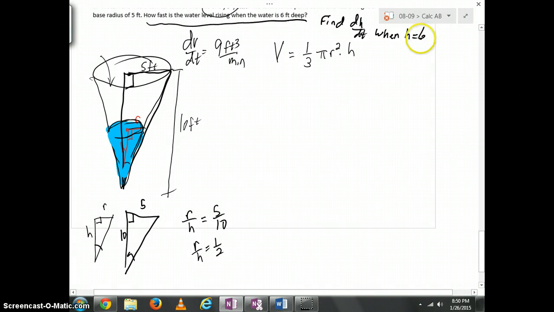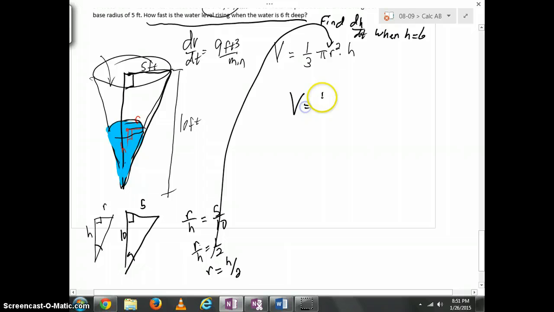In other words, I need to work with an h and find a dh/dt. I would ultimately like to solve for r. I'd like to get rid of r because it's not helpful to me here. I'm interested in the height in dh/dt. So multiply both sides by h. You'd have r is equal to h over 2.